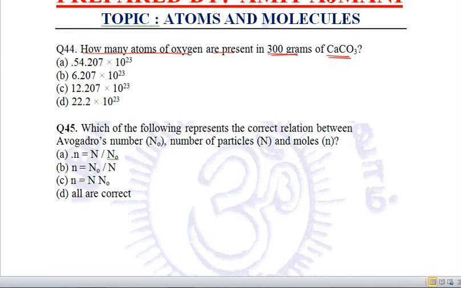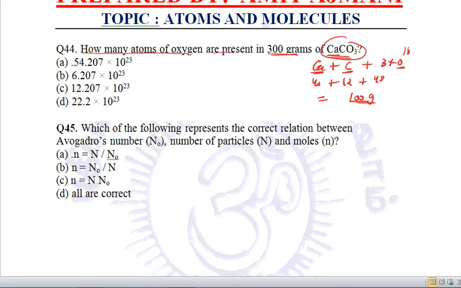So first of all, we will be calculating the gram molecular mass of calcium carbonate. This is calcium plus 1 carbon plus 3 oxygen. The mass of calcium we know is 40, carbon is 12 and oxygen is 16. So 16 into 3 is 48, which comes out to be 100 grams.